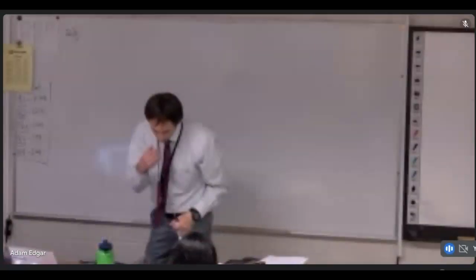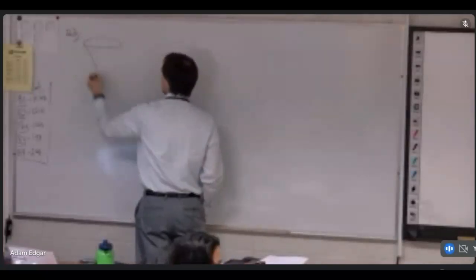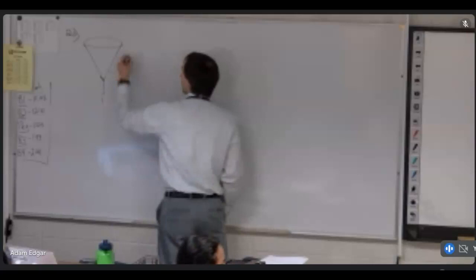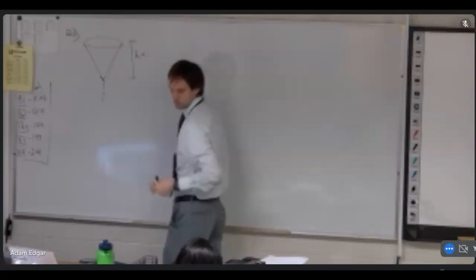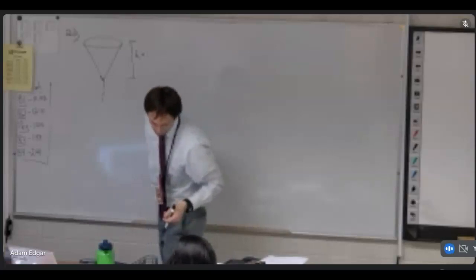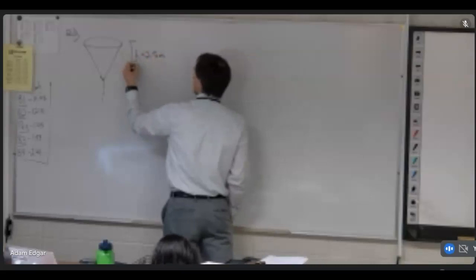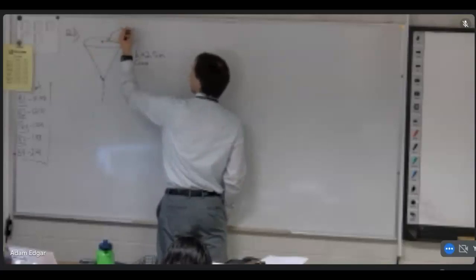it's leaking water, so here's your cone. Look at that cone. Have you ever seen such a beautiful cone? All right, so it's leaking water, drip, drip, drip. And then you've got the height of the entire cone, which is 2.5 meters. That's for the cone itself. You've got the radius for the entire cone, and that's what? 1?